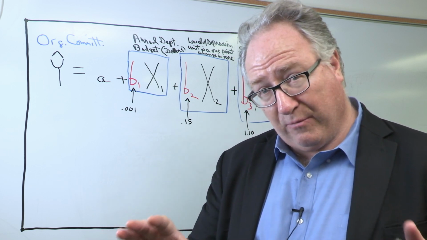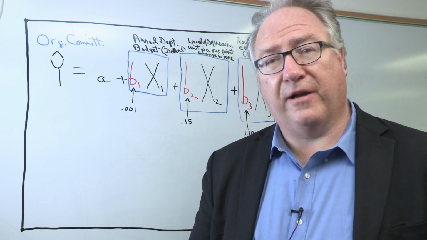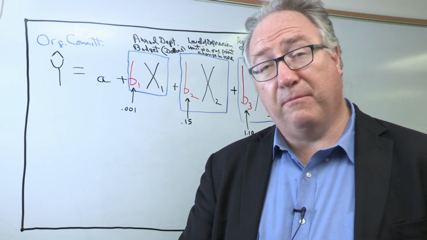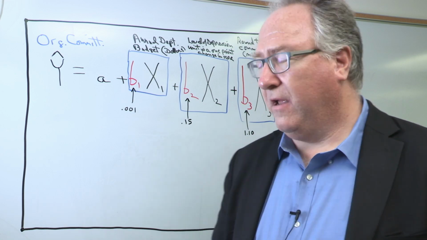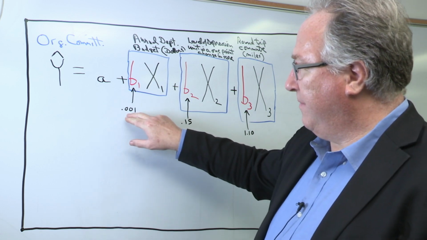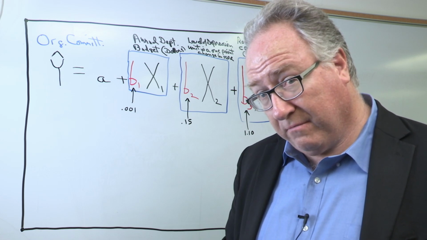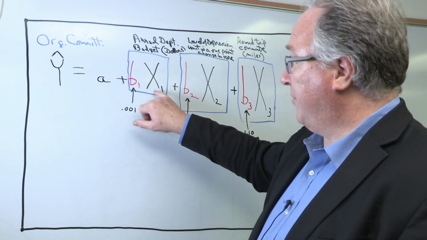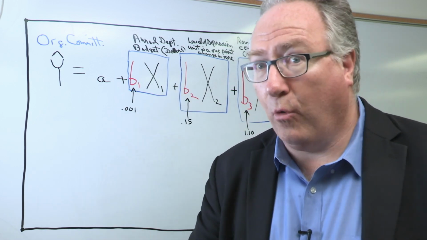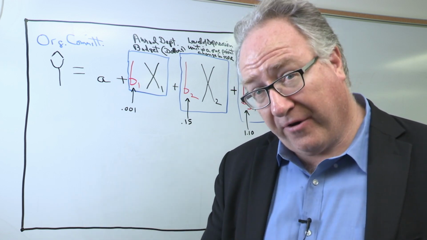People confuse this, but I'm here to help you not confuse it. Again, the value of any unstandardized regression coefficient for a particular predictor variable is always in reference to the outcome variable.